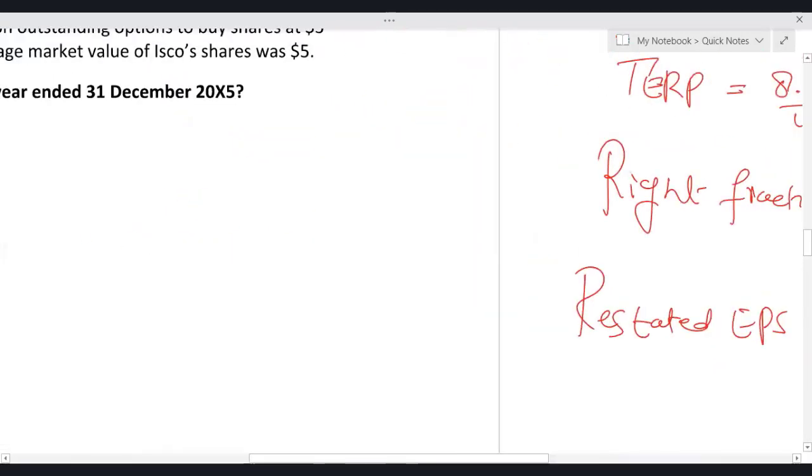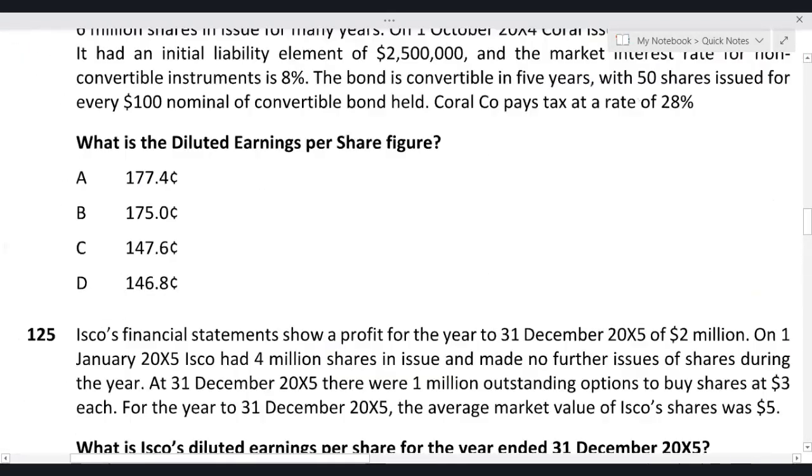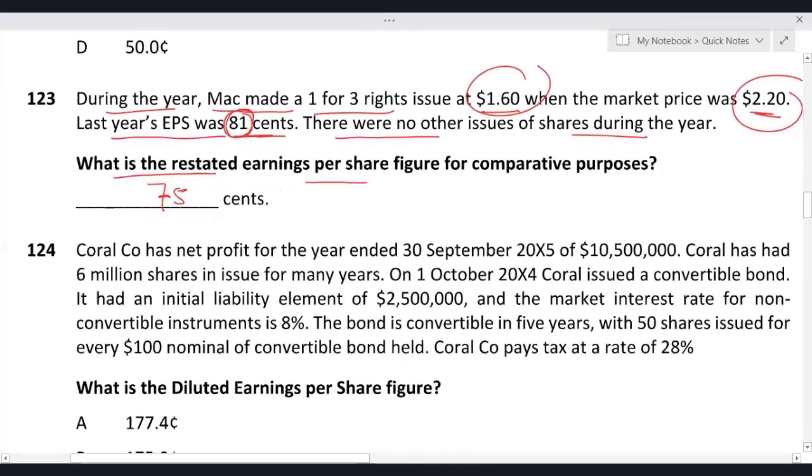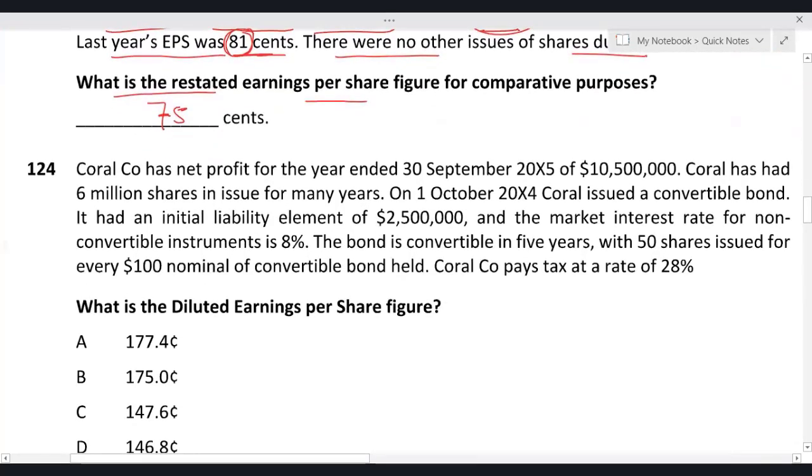That is why we are going with 75. So 81 multiplied by 2.05 divided by 2.2. Fine. Now let's see question 124.